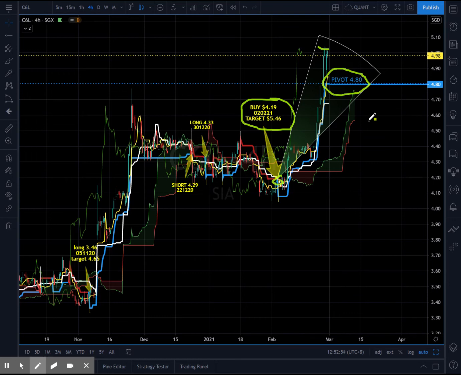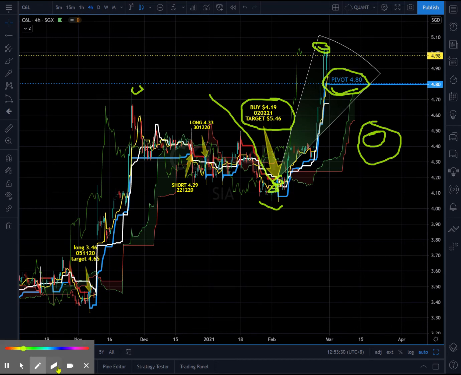For those who managed to catch this low during the pullback from the highs at about $4.70 in December till now, a nice 25% profit, currently at $5 thereabouts. For those taking a short-term trade, you can take profits at $4.80 and perhaps buy in again at lower levels. So on the shorter term 4-hourly time frame, bullish, and still targeting $5.46.